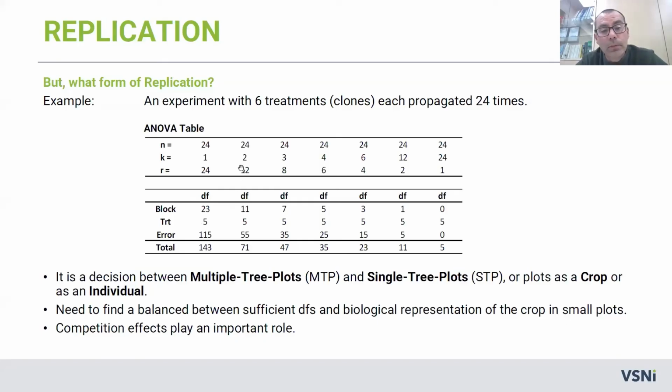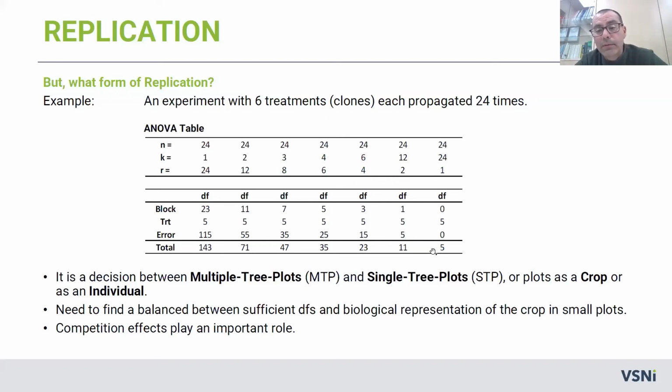As you put 2 plants together, 3 plants together, 4, 6, the degrees of freedom of the error diminish. And obviously now when you're with 5 or 15 degrees of freedom on plots of 6 or 12, you end up with very few replication and you have limited power to test your hypothesis of the treatments. And that's obviously going to be a bit of a problem. Your error variance is going to change because you have more plants per plot.